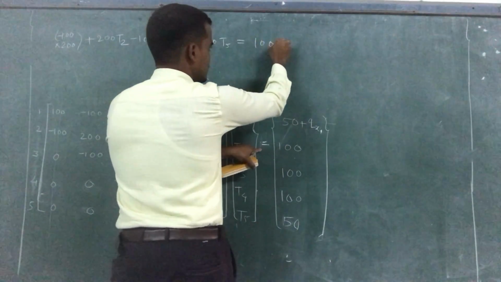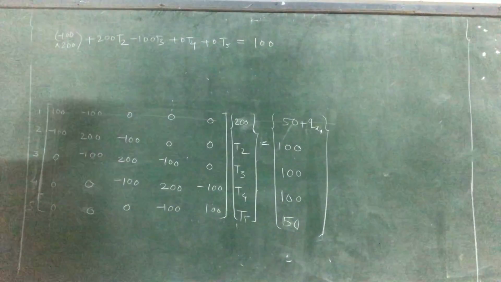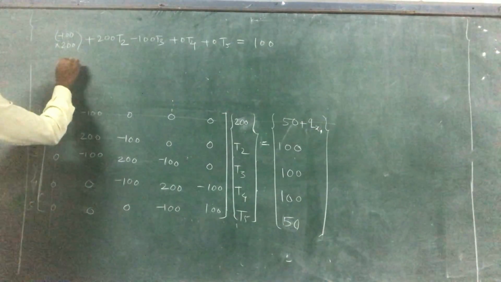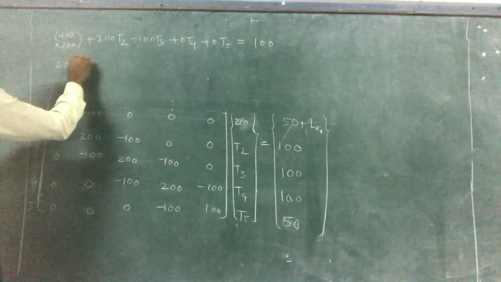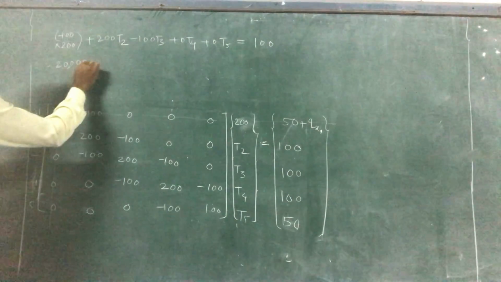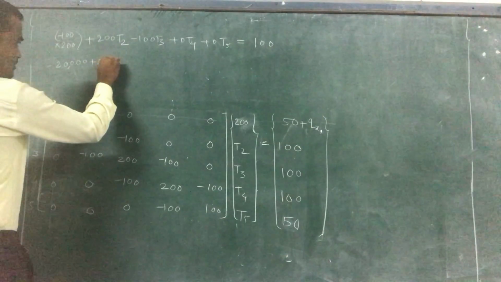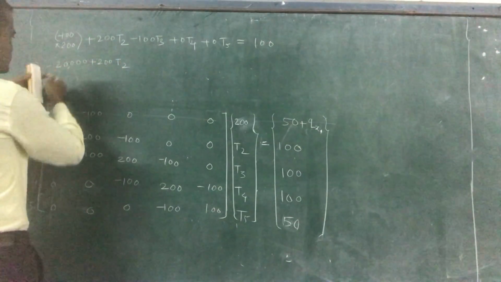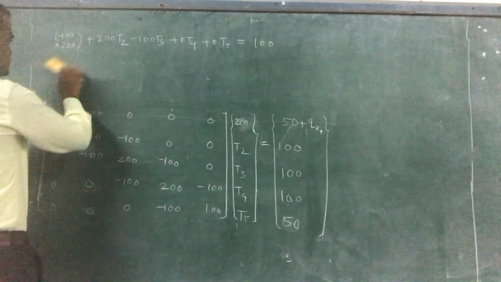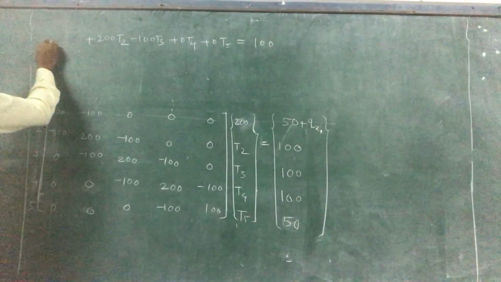Minus 100 into 200 is nothing but minus 20,000.